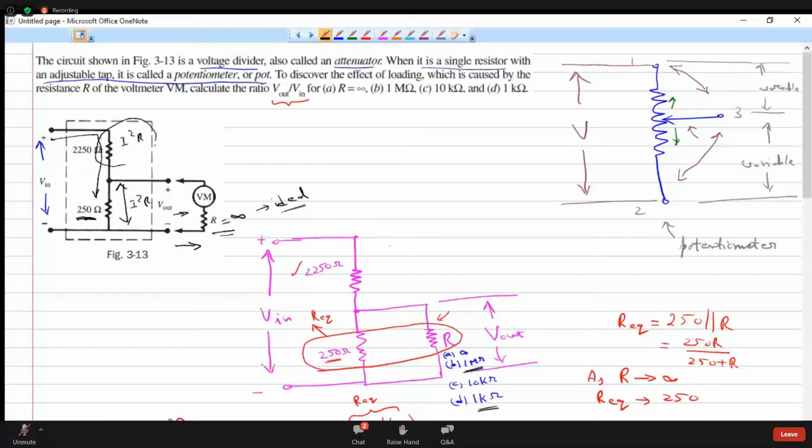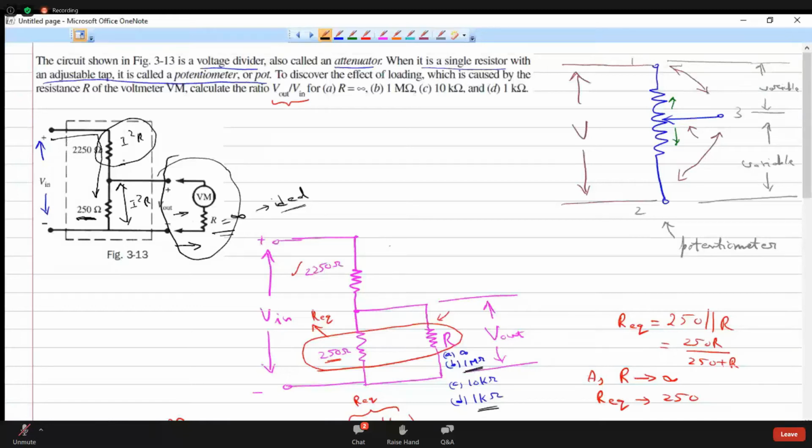We are dropping some of the voltage here, and we are taking out the remaining voltage here, to which we are connecting the various instruments. So this is not a very recommended method of voltage division because it is dissipating power and we use only whatever remains for our circuit.